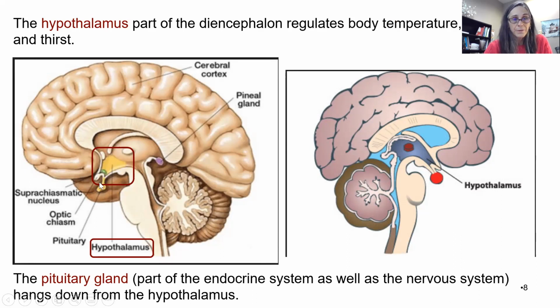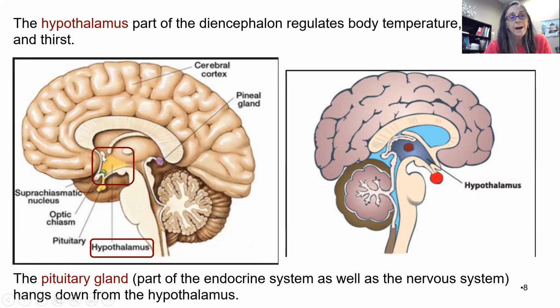There's a little string, which is actually a duct, that connects the pituitary gland to the hypothalamus. It's called the infundibulum, and it's in your book, and you're going to see it.